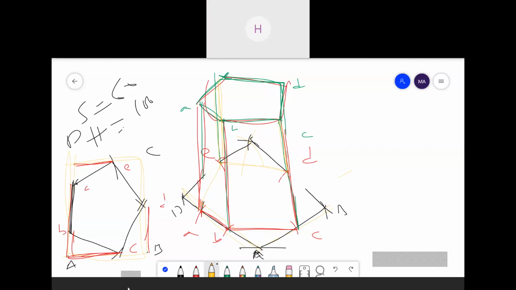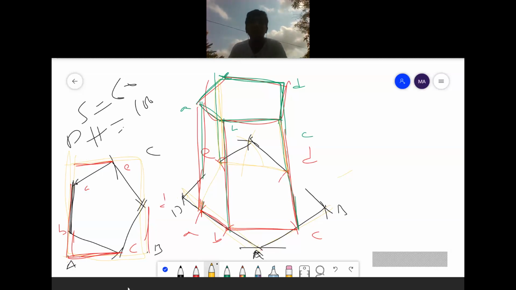Have you drawn this one? Ma, what is the side of capital A and capital B? What is the dimension? Can anyone tell? What is the dimension of capital AB and capital AD?